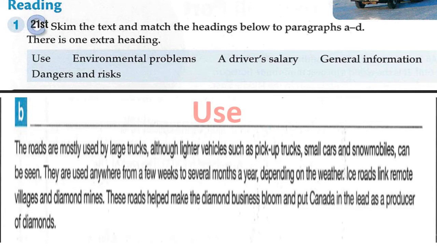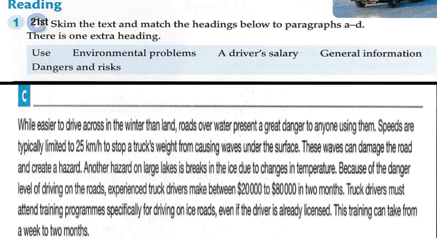So this paragraph is talking about what? Use. Yes, we use these roads for what? For small pickup trucks, small cars, snowmobiles, and also for the villages and diamond mines. This is very important for them. C.